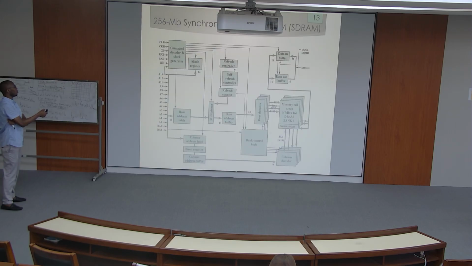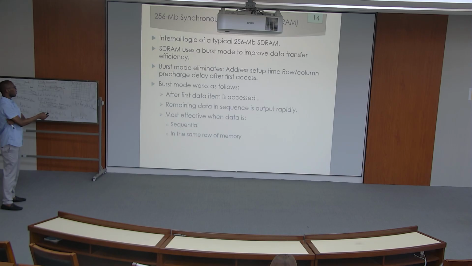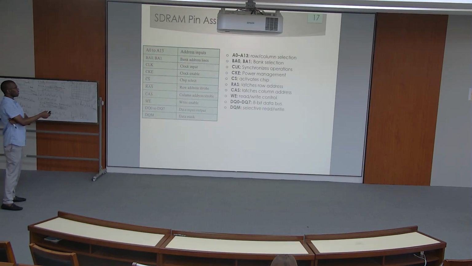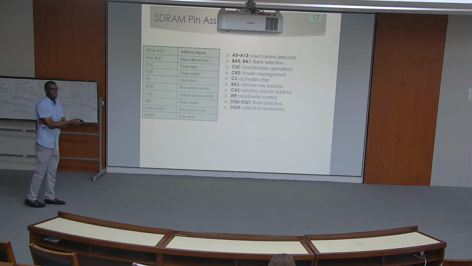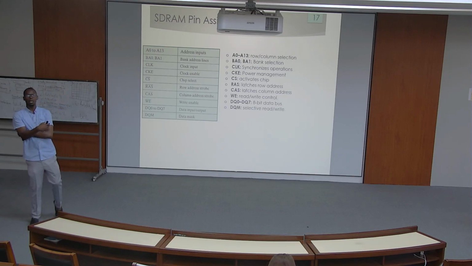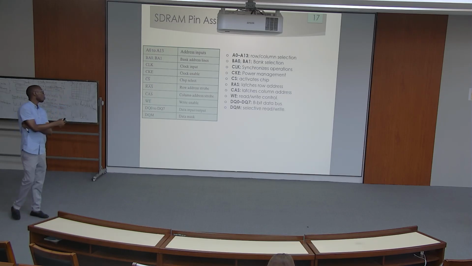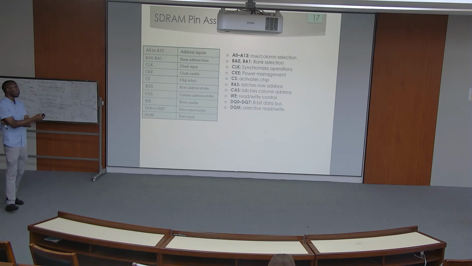Then these pins are very important for row and column selection, because as we have seen, the row address strobe is there to latch a row. So we need these pins for row and column selection for the synchronous DRAM.